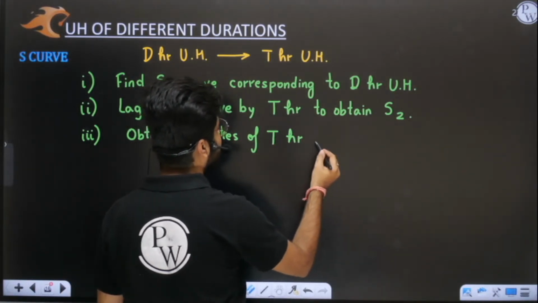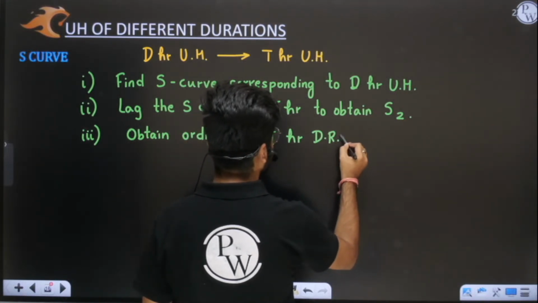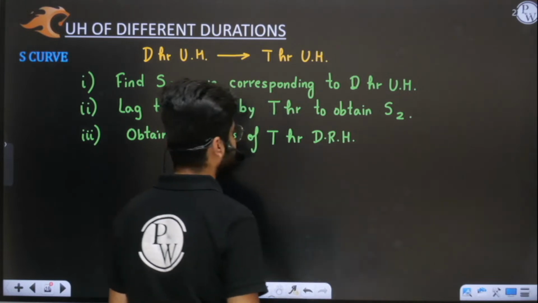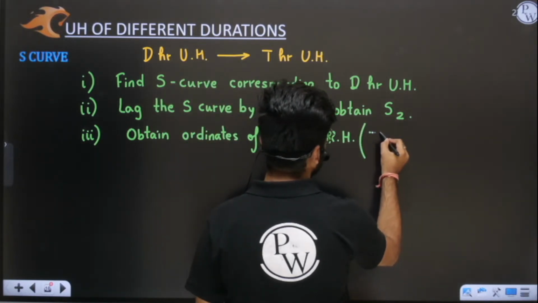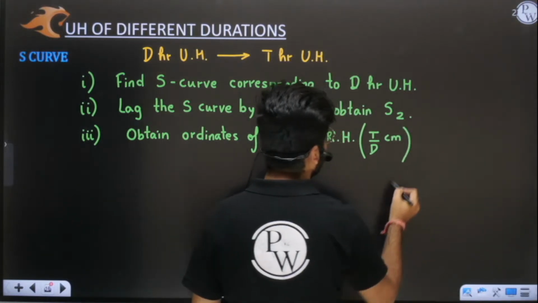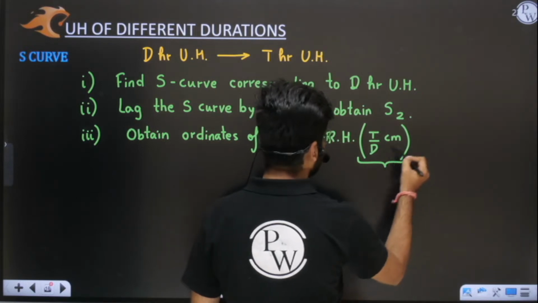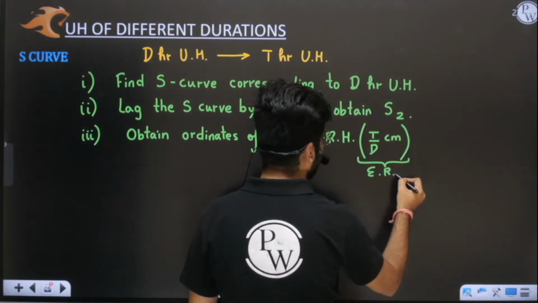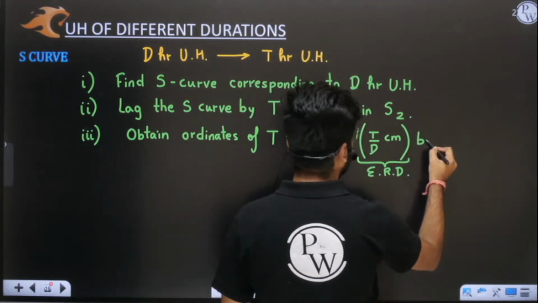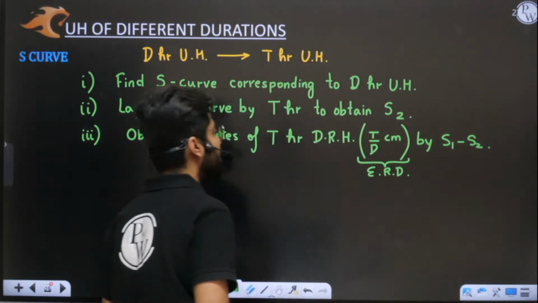Obtain ordinates of the TR DRH whose effective rainfall depth is T by D centimeter. See, this is the effective rainfall depth. How will I get that? Simply by doing S1 minus S2.